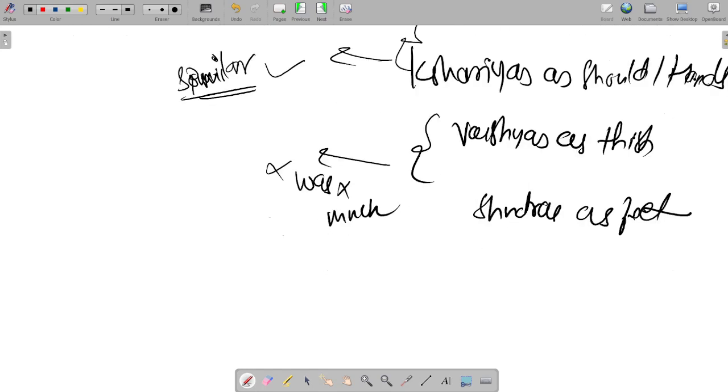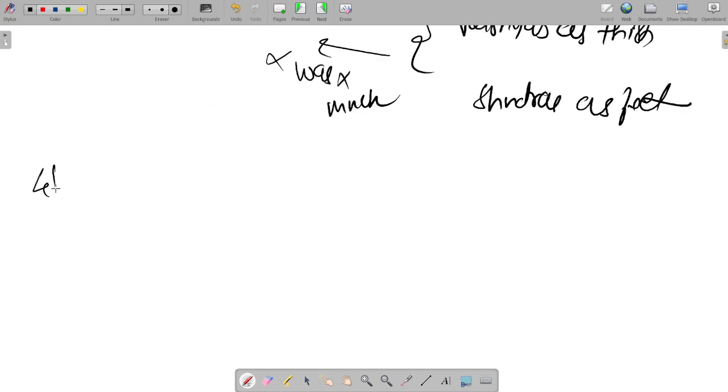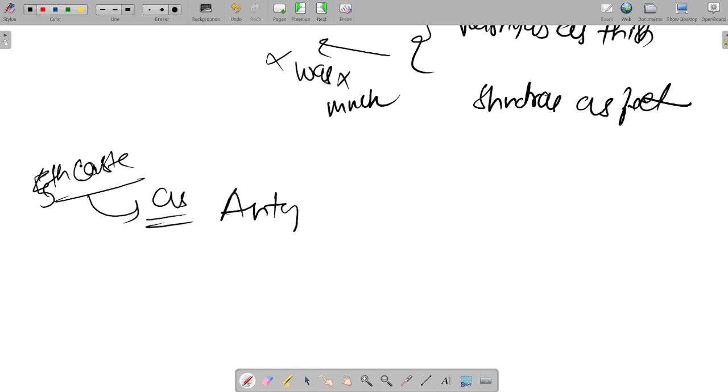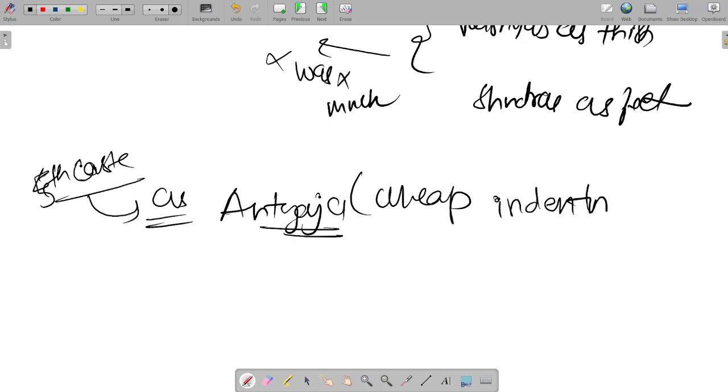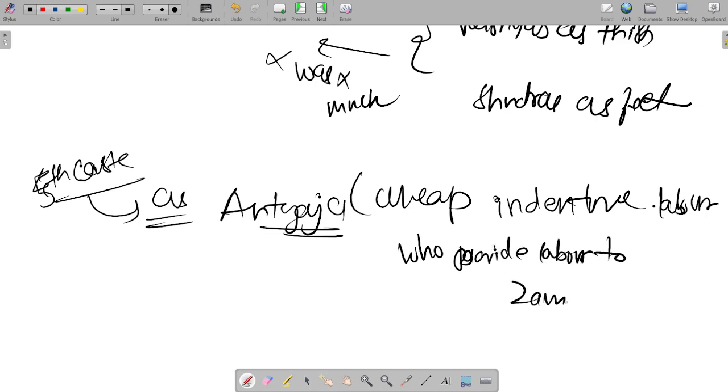He also mentioned the fourth caste, rather fifth caste, pardon me, as Antyaja, that is cheap indenture labor who provide labor to zamindars.